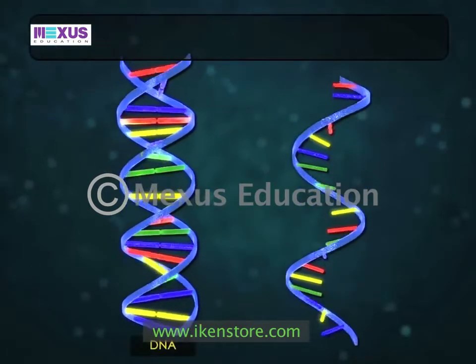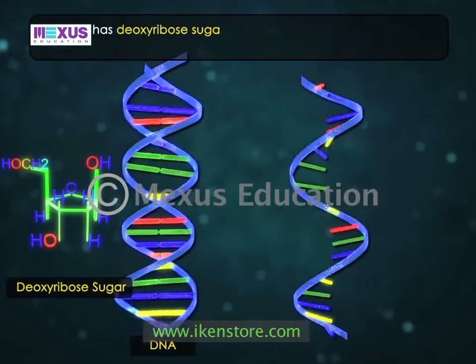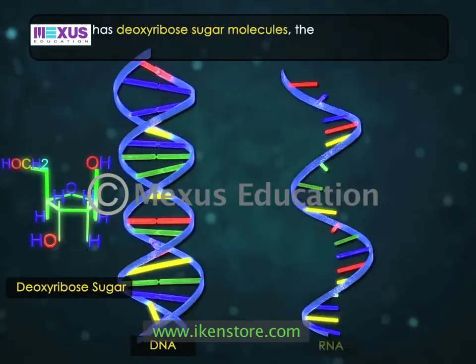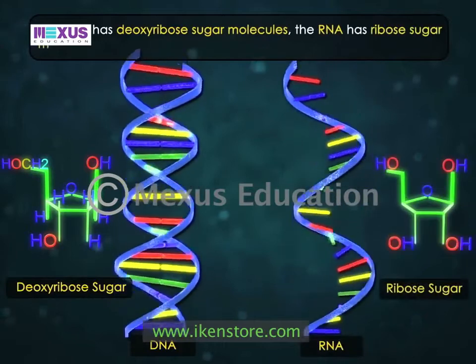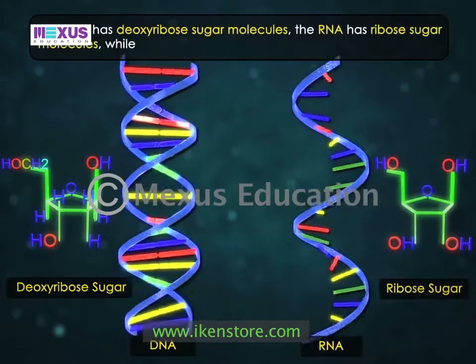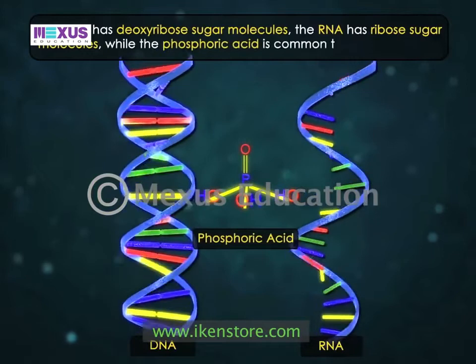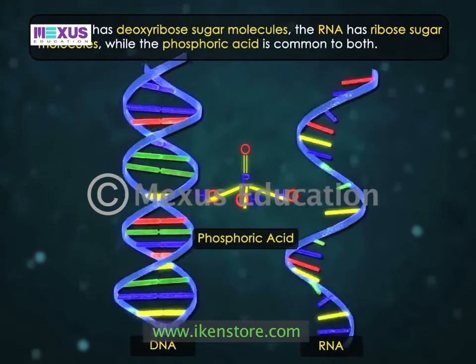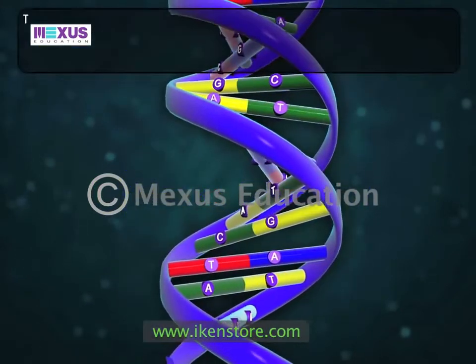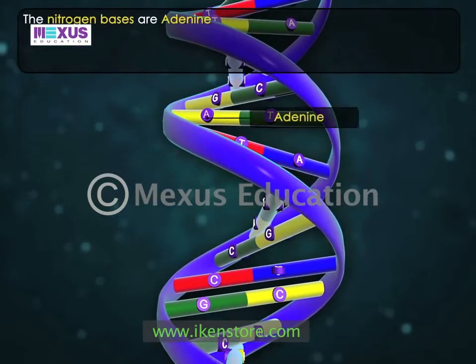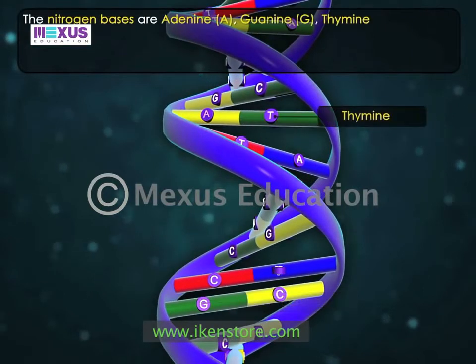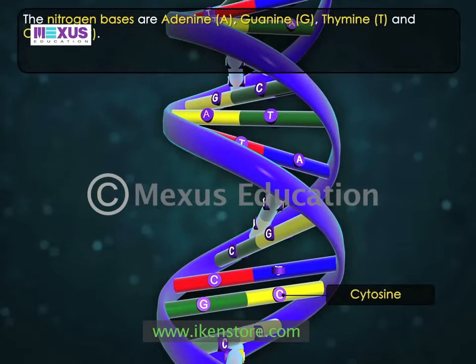The DNA has deoxyribose sugar molecules. The RNA has ribose sugar molecules, while the phosphoric acid is common to both. The nitrogen bases are adenine, guanine, thymine, and cytosine.